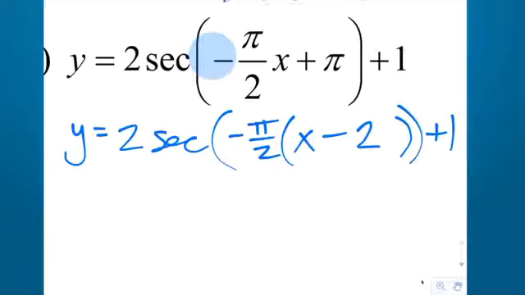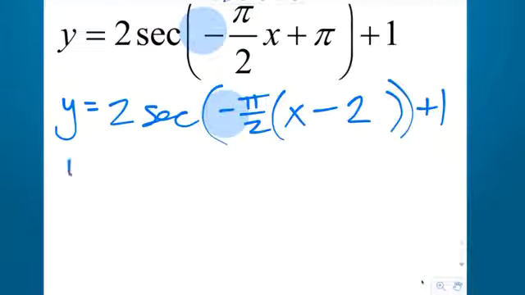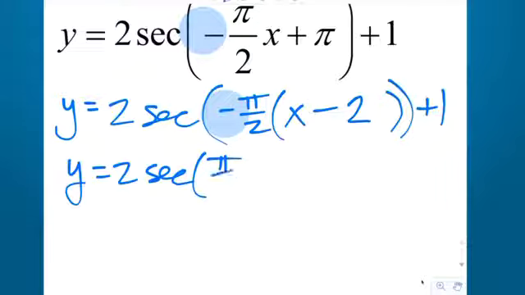So notice you're actually shifting to the right 2 units. If you were to get rid of the negative first and then factor out, you would have a plus 2 there. You'd be shifting the wrong way. Now that it's in standard transformation form, that negative b value, because this is an even function, can just be thrown away. It does not change the sign out front. So it's a much easier task to sketch without a negative b.